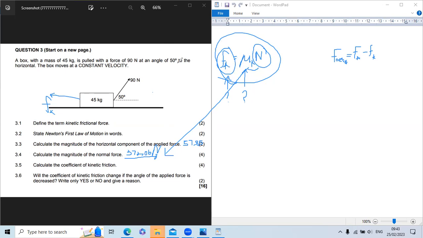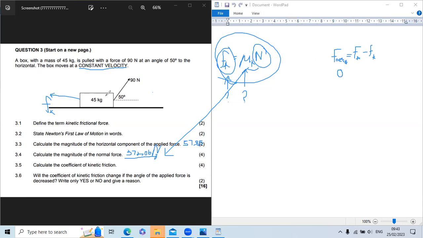In order to find the kinetic friction, we look at our keyword, which is this box moves at a constant velocity. When something is moving at a constant velocity, the acceleration is 0. That means our net force is going to be 0.